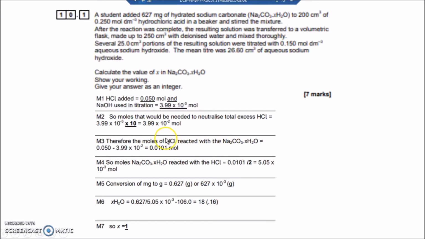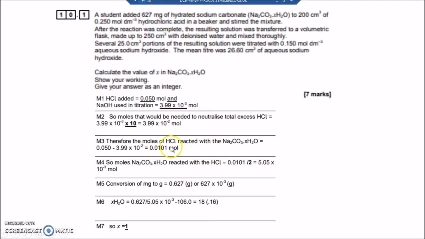But 2 moles of acid react with 1 mole of sodium carbonate. I know that because it's going to make sodium chloride, NaCl, and I've got 2 Na's here and 1 Cl. So 2 moles of HCl will react with 1 mole of sodium carbonate. Or we could say 1 mole of hydrochloric acid reacts with half a mole of sodium carbonate.